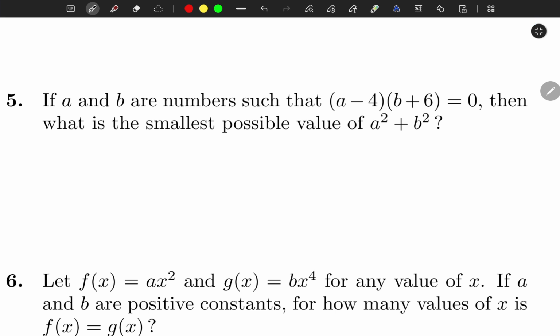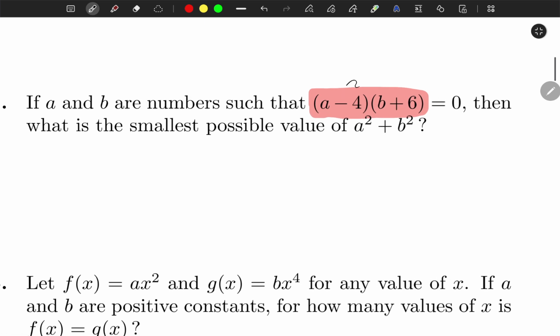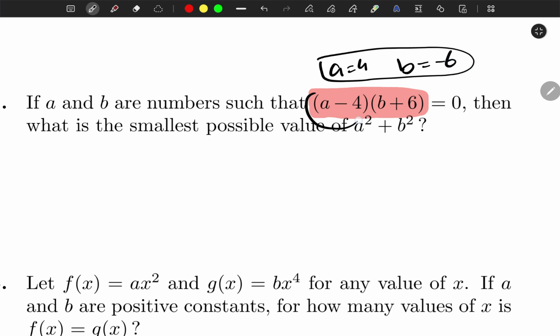Okay, so from this statement over here, yeah, from here we can see that A will be 4 and B will be minus 6. This is pretty obvious, right? From here you can just set each bracket equal to 0 and you'll get it from there.